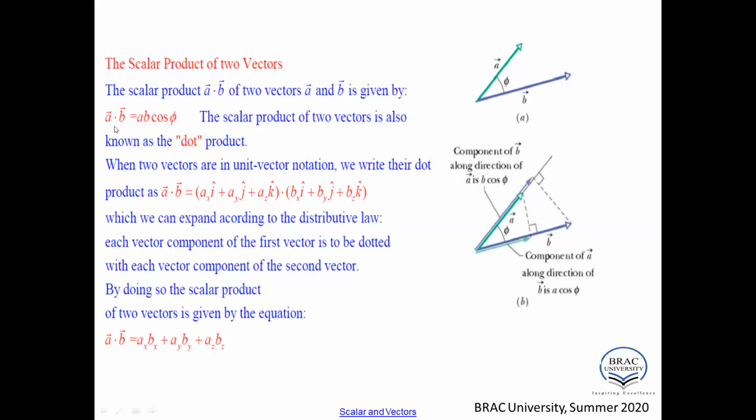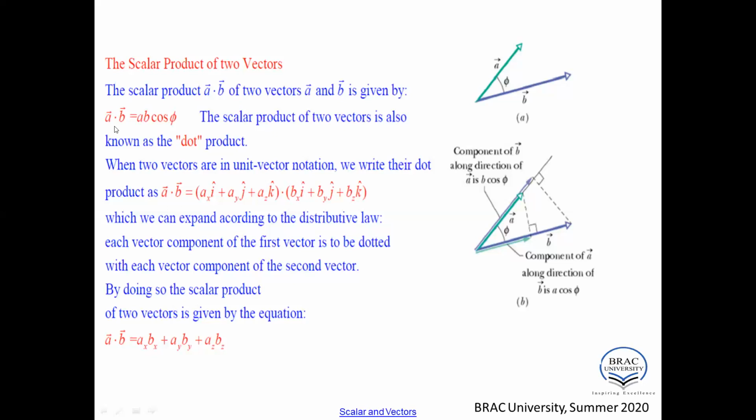So 1 into cos 90 degrees is equal to 0. Then i dot j equals j dot k equals k dot i equals 0. So just remember this. In case of similar unit vectors, the dot product is 1. In case of different unit vectors, the dot product is 0.